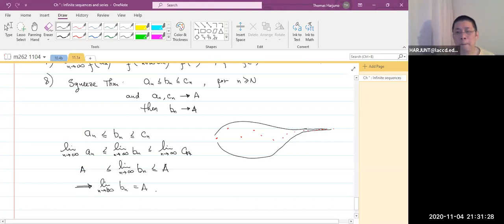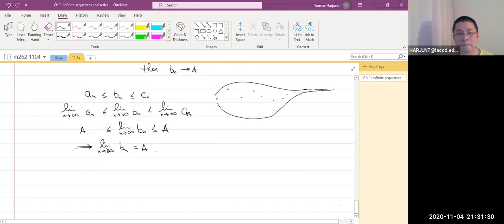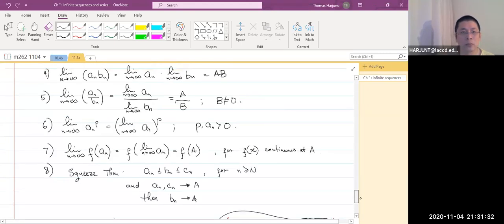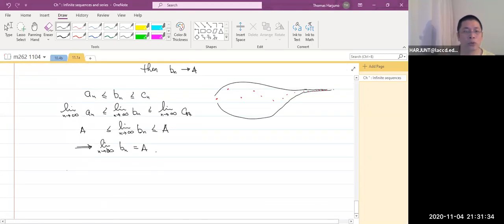The last one, I throw at you all those properties at once, basically. The limit as n goes to infinity of the absolute value of a sub n equals 0 means the sequence also converges to 0.